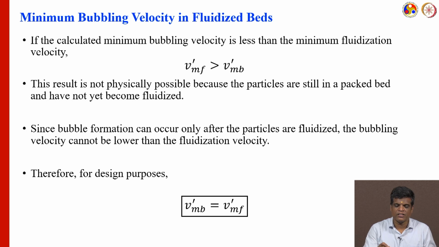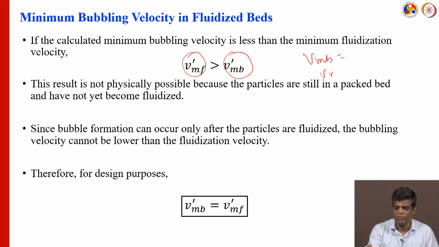If somebody asks whether the bubbling velocity can be lower than the minimum fluidization velocity, no, because the minimum bubbling velocity should always be higher compared to the minimum fluidization velocity. VMB is always a higher value compared to the VMF value, otherwise it is totally wrong.